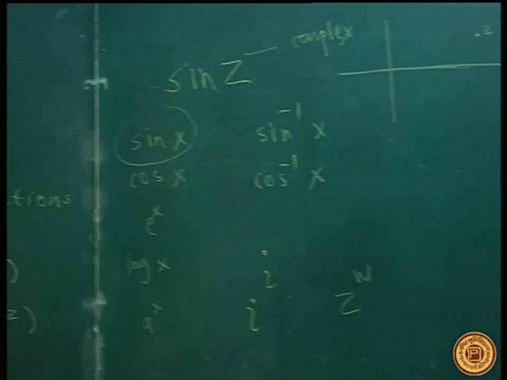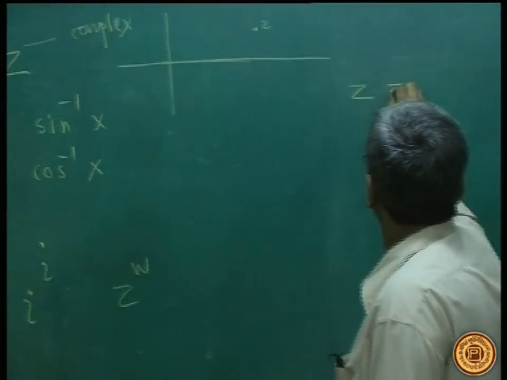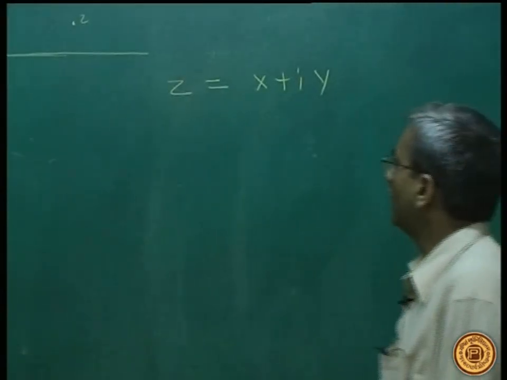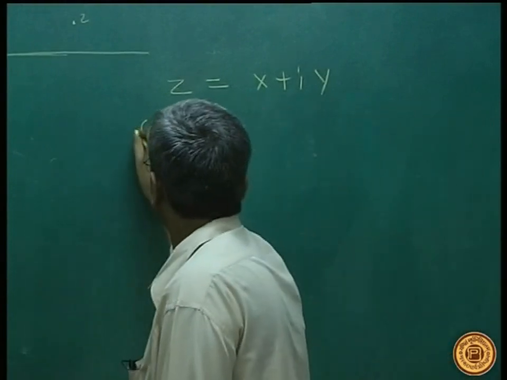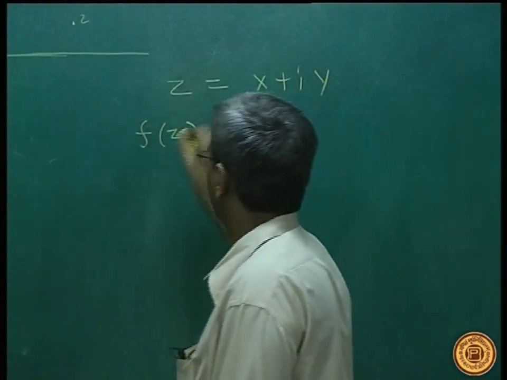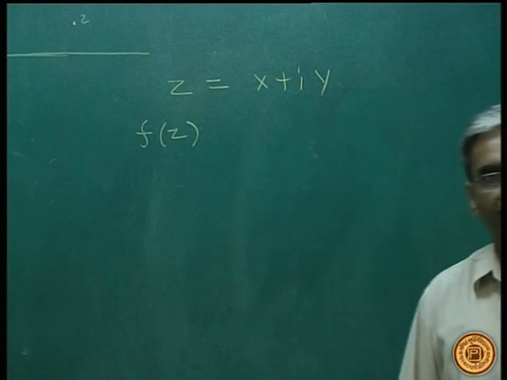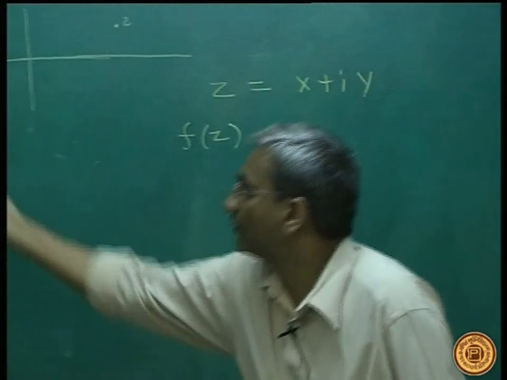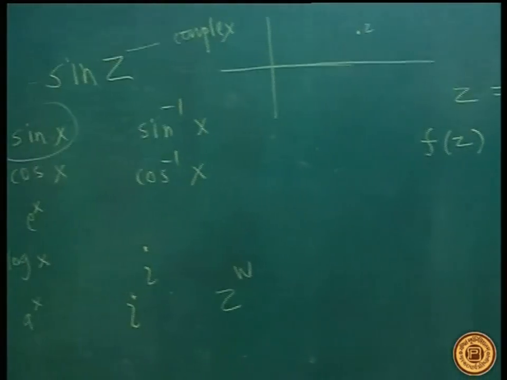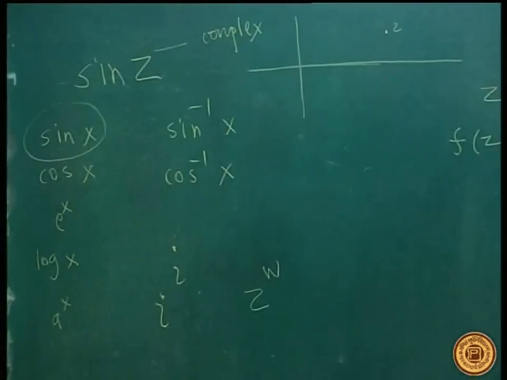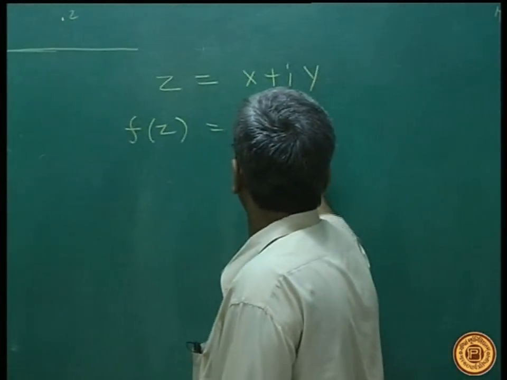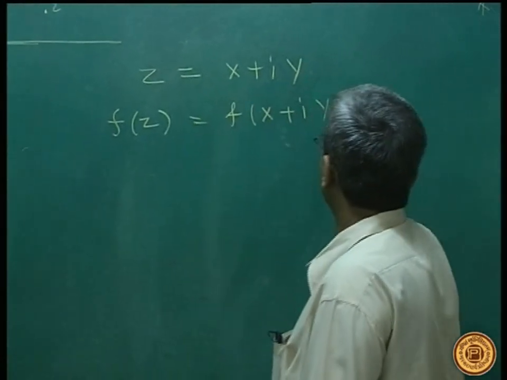So suppose now z is a complex number x plus i times y, and if we have f of z, that is function of a complex variable, any one of this you may think of, then it is f of x plus i times y.